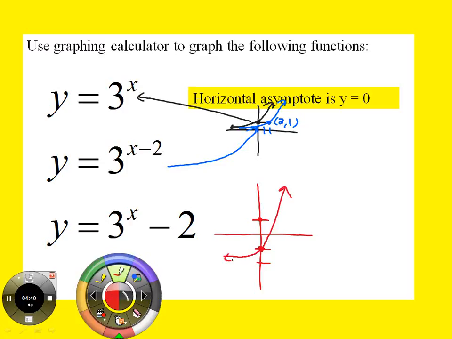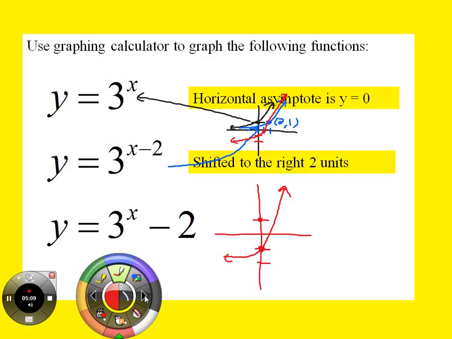You can tell it's shifted down 2 units. If I was a little wiser, I'd put it on the same graph. Don't hold me to it, but something like that. If you do it on a graphing calculator, you'd be able to tell a little better. That just gives you an idea of the shifts. All of our same transformation rules apply to exponential functions.